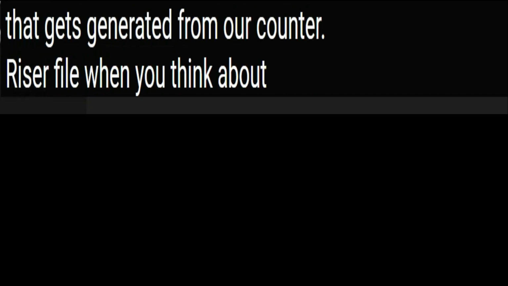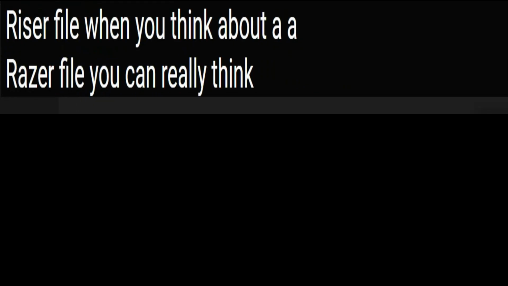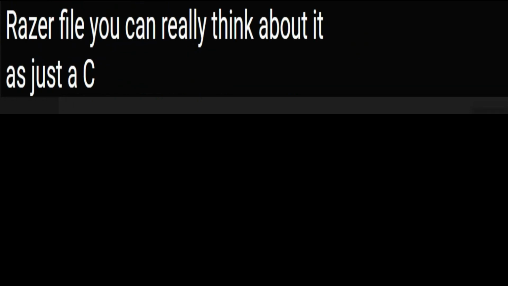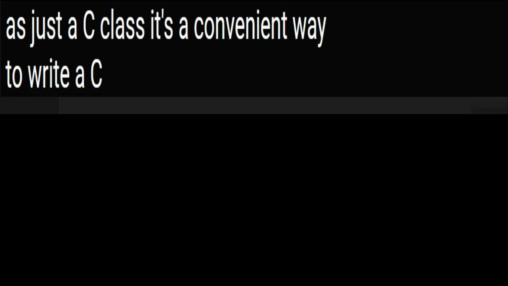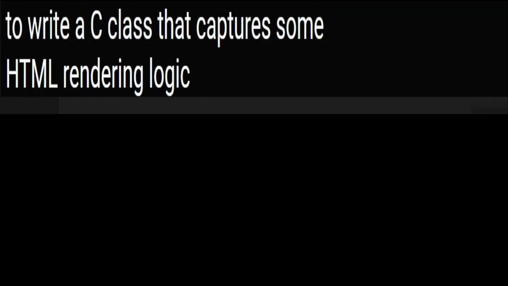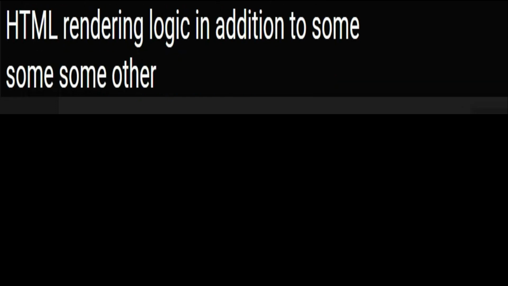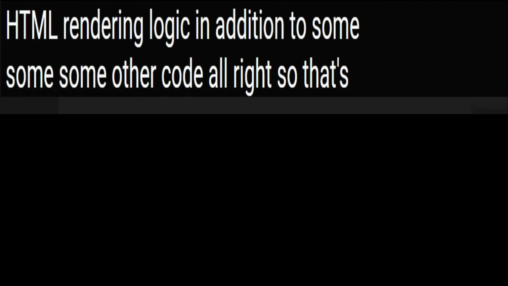When you think about a Razor file, you can really think about it as just a C# class. It's a convenient way to write a C# class that captures some HTML rendering logic in addition to some other code. All right, so that's what's happening there.